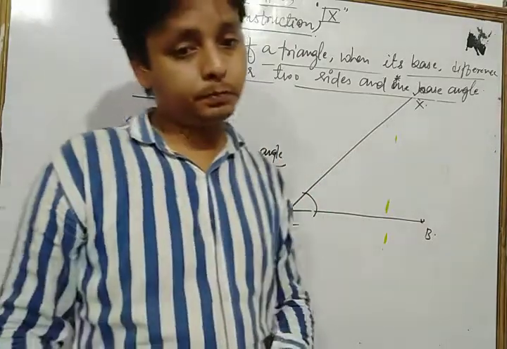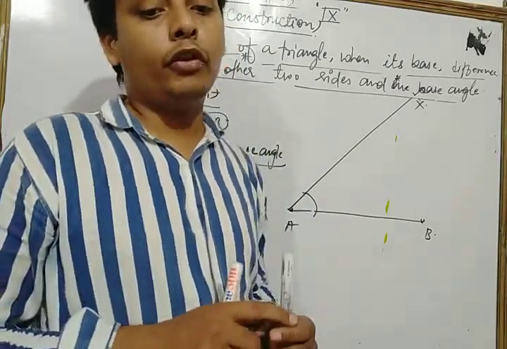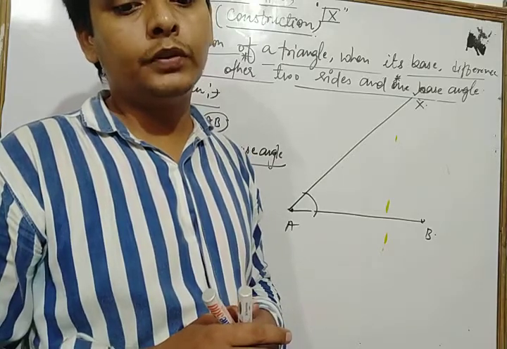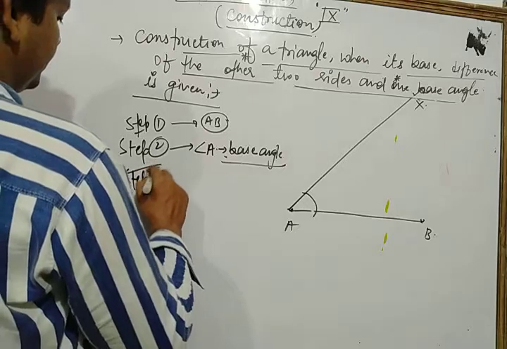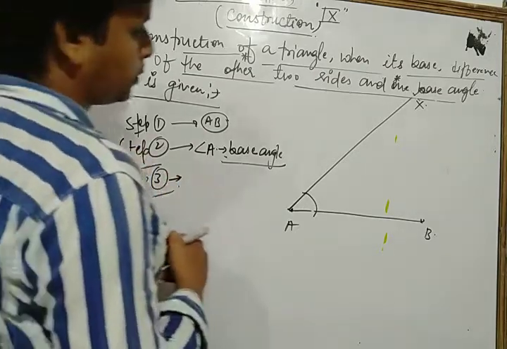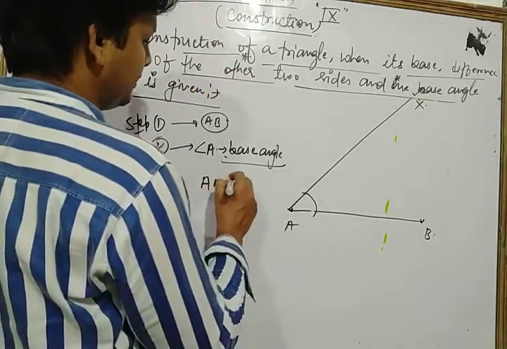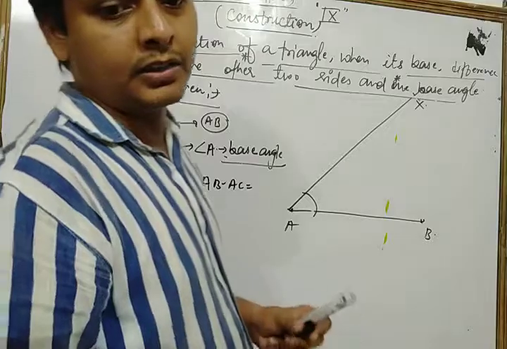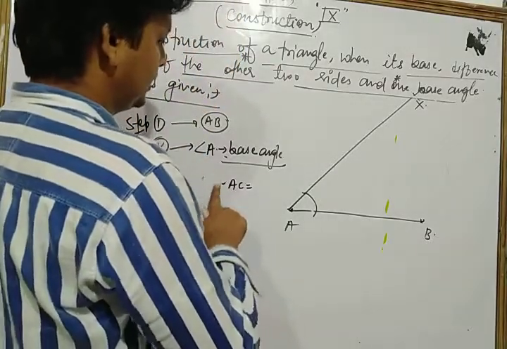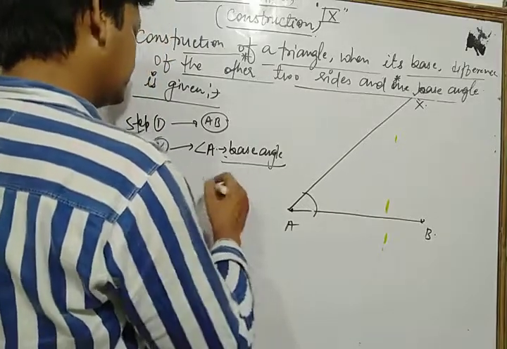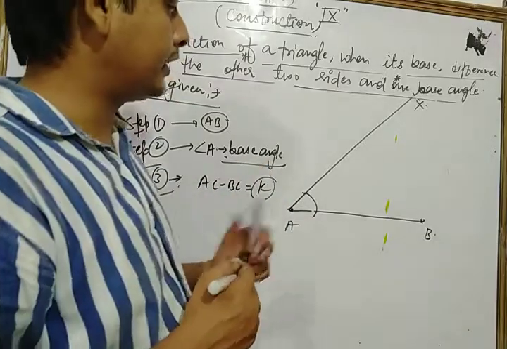So here A is your one base angle, which is also given in your question. Now in the third step, suppose AC minus BC is given as some value, meaning the difference between the other two sides.